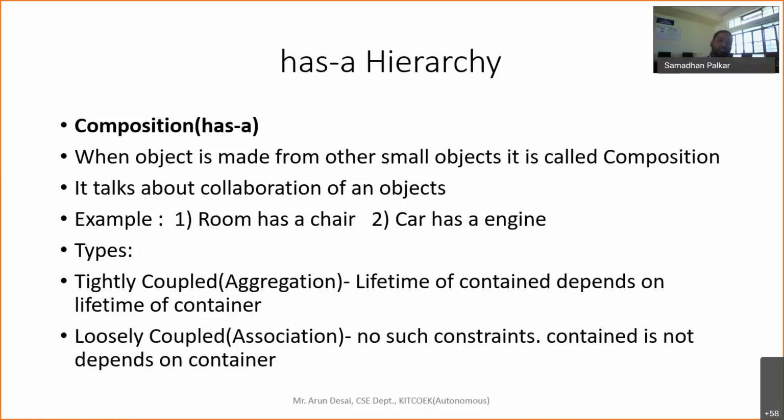Whereas in association it is just a relation in between, with no such constraint on container and contained objects. The contained objects do not depend on the container either, so this is simply called a loosely coupled thing. So composition is made up of smaller objects. This is simply called a has-a hierarchy.